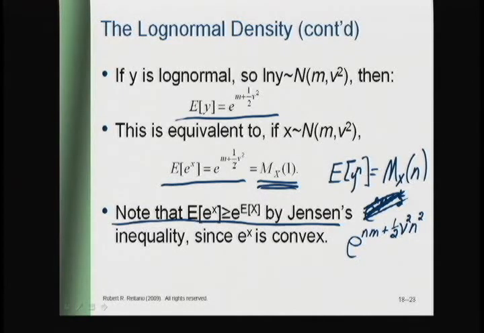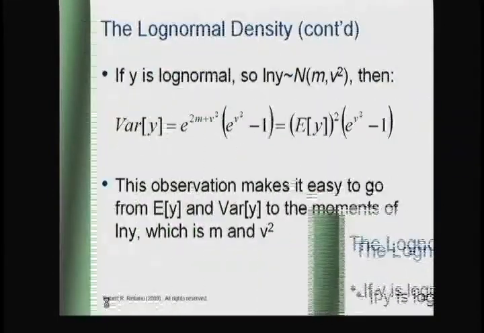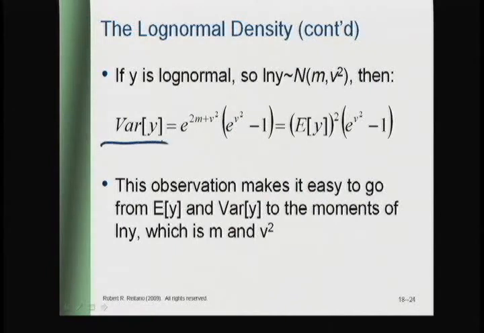And that's Jensen's inequality because e to the x is convex. From that moment generating function, I can also write down the variance. Why? Because the variance is by definition the expectation of the second moment of y minus the mean squared. You all know that formula. If you go back to the formulas we just derived and you do the math, then you have this expression.